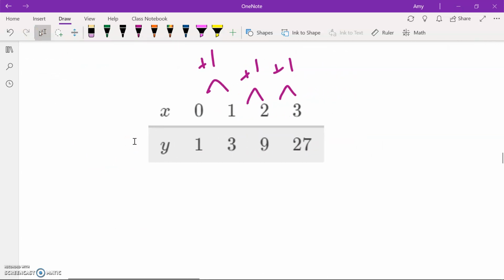So now if we look at our y values, let's first think about addition. To go from addition, I would do 1 plus 2. And if this were a linear function, this next change should also be +2. But when we look at that, that's actually +6, I'm sorry.